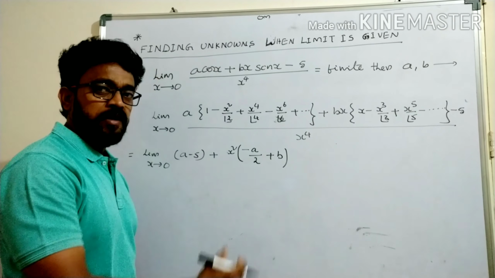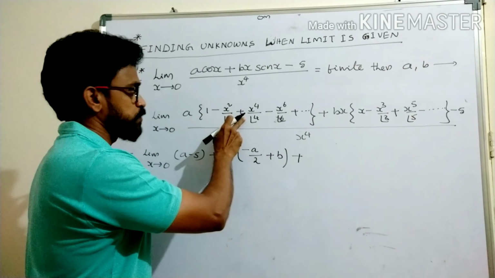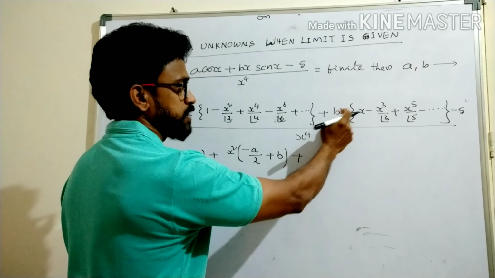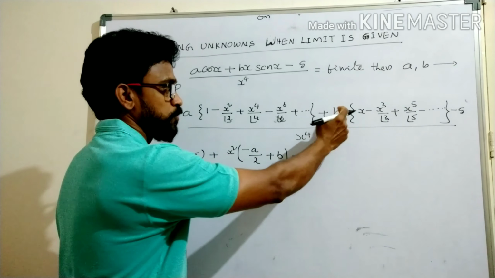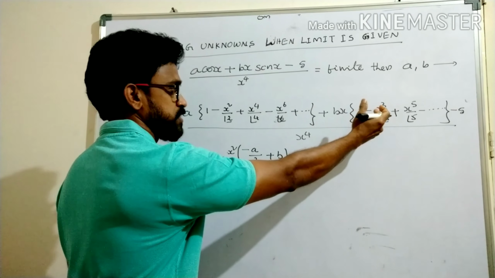Next, one more term. Here the x power 4 term will exist, and b x into x cube gives b x power 4. So the x power 4 term will exist here and here.